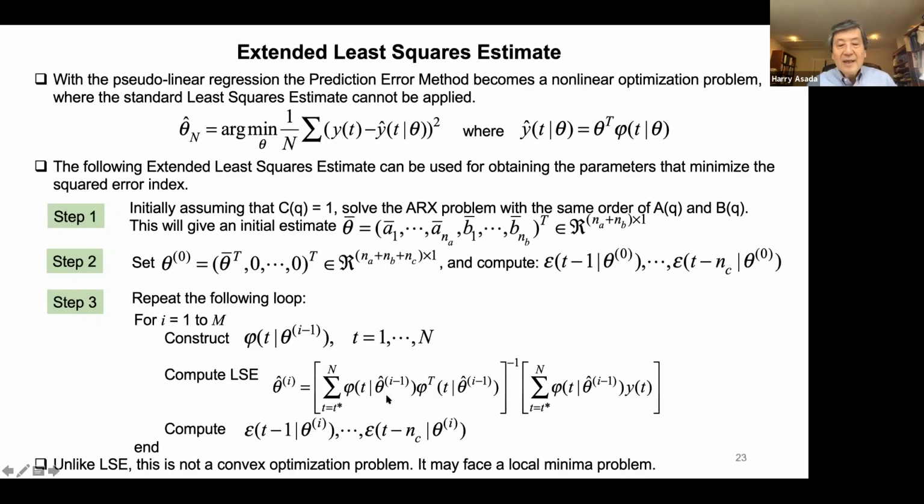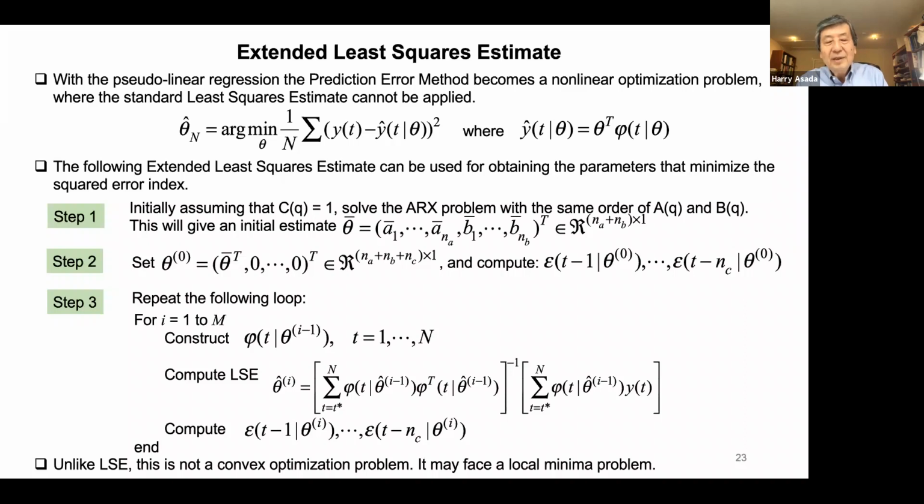The solution theta i hat is used for constructing the next epsilon, and we cycle through this m times. M is something you can pick. Unlike least square estimate, this is not a convex optimization problem, so in the worst case, it may face a local minima problem.